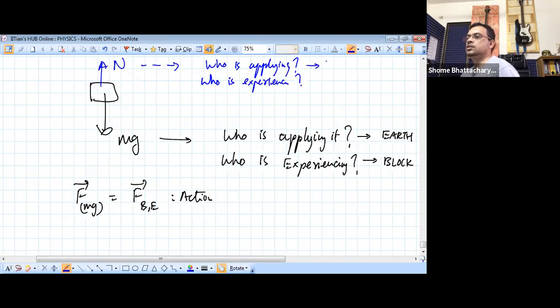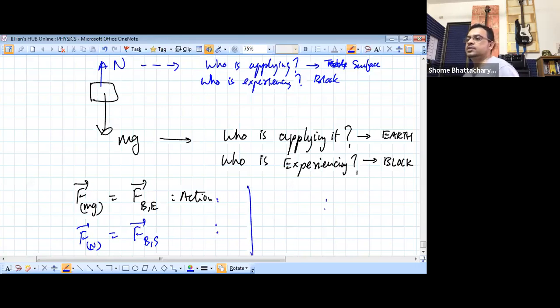So the table surface is applying it. The table surface or floor or whatever, the surface is applying it. And who's experiencing it? The block. Okay. So the normal reaction force that I've shown over there is the force on the block applied by the surface. Okay. So how can this and this be action reaction?